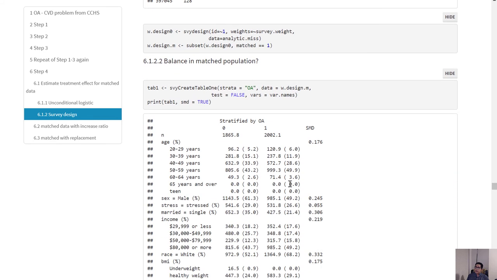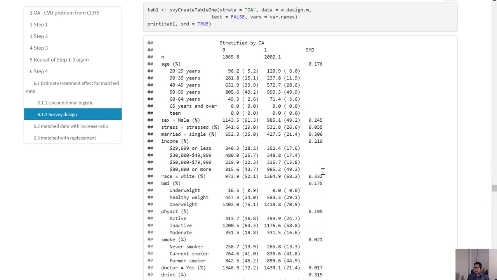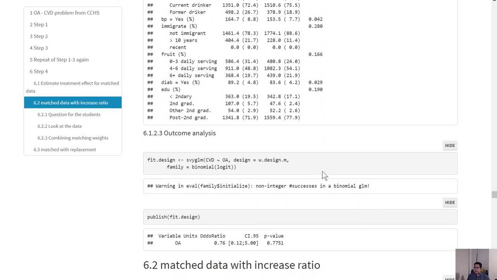And then in the matched dataset, if you want, you can try to check the balance, but balance is usually not checked in the design. Balance is usually checked in the sample matched dataset. So this you can obviously check, but this is not something that we want to do.